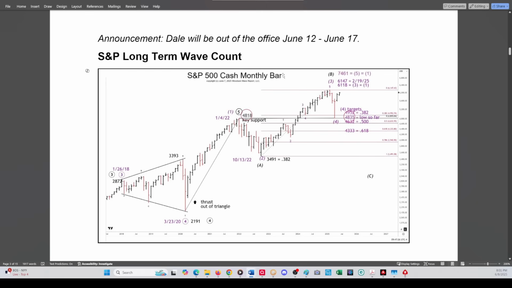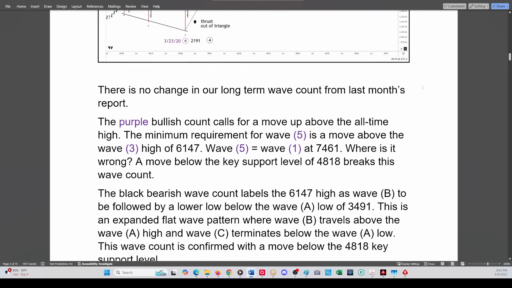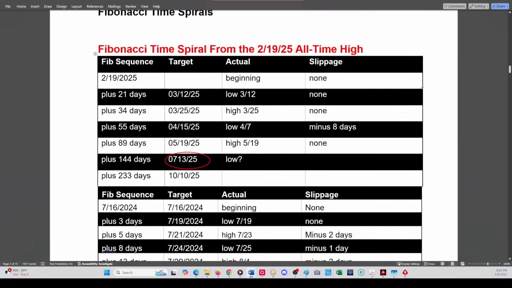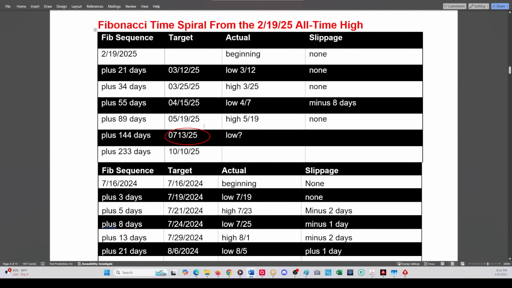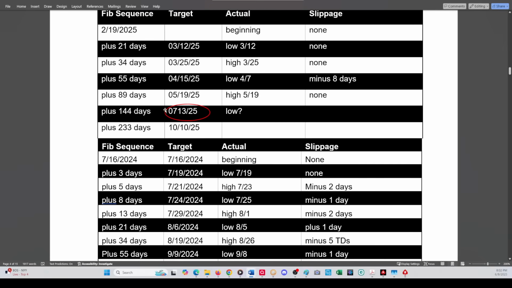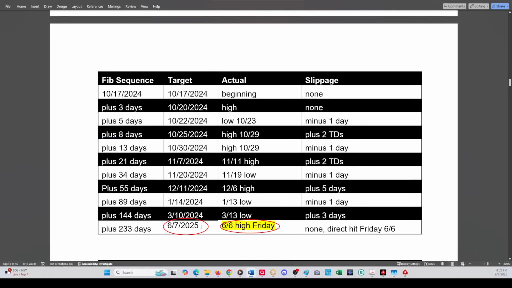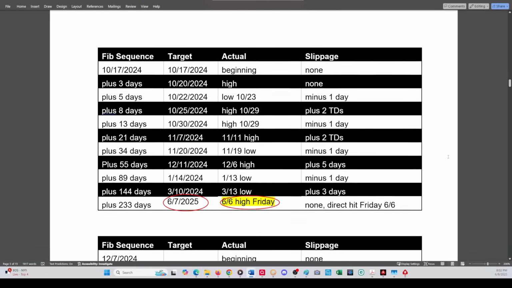Okay, this is the big picture monthly log chart. That's what's going on there. The verbiage explains all of that. Here are our Fibonacci time spirals. We have one coming up on July 13th, another one July 28th. The most recent one was Friday, but the actual date was Saturday.